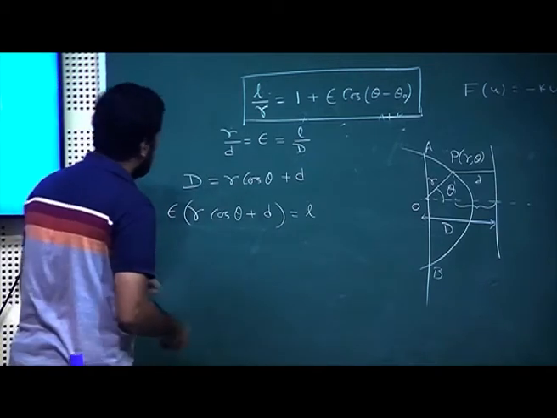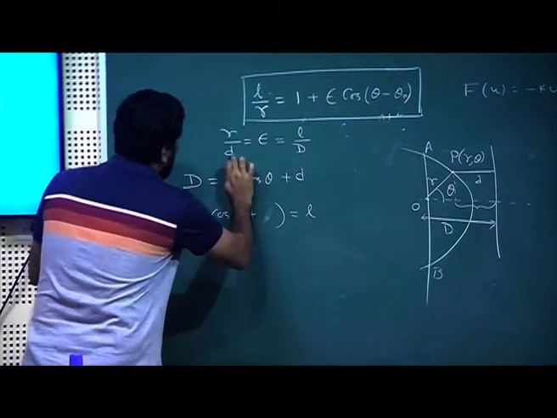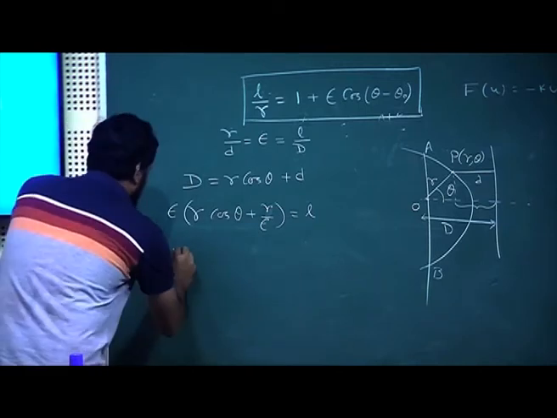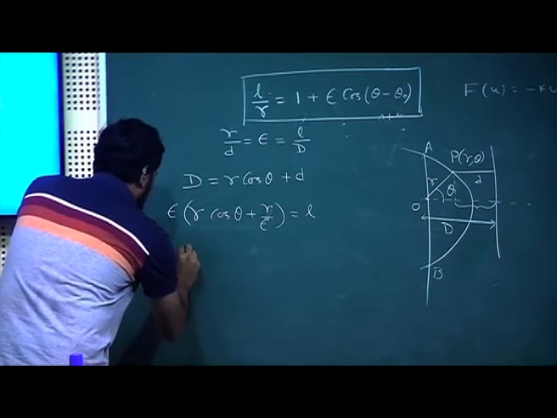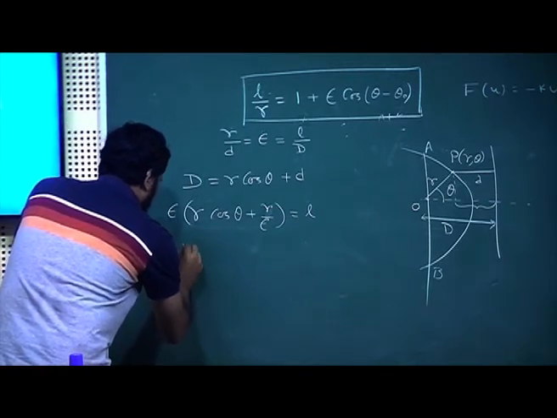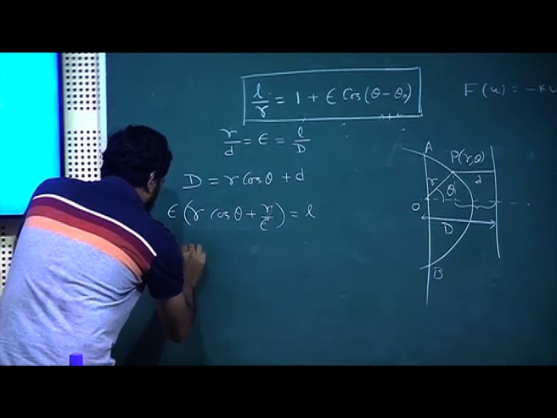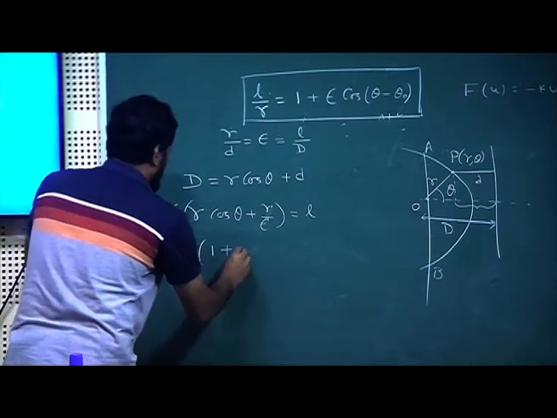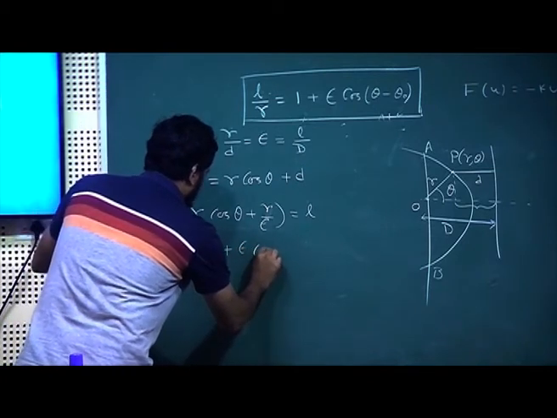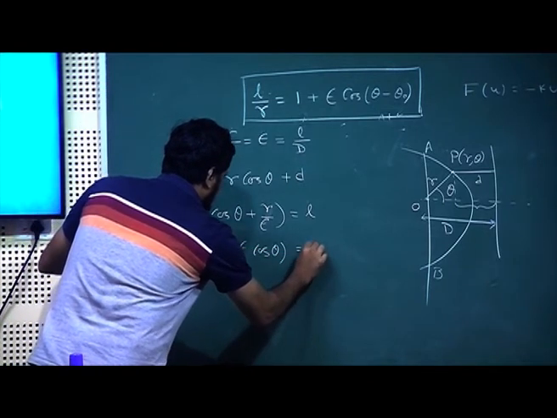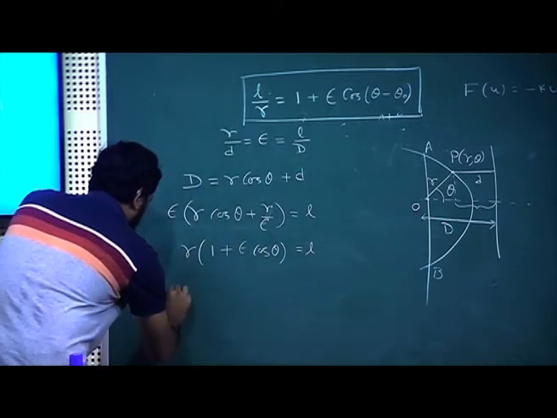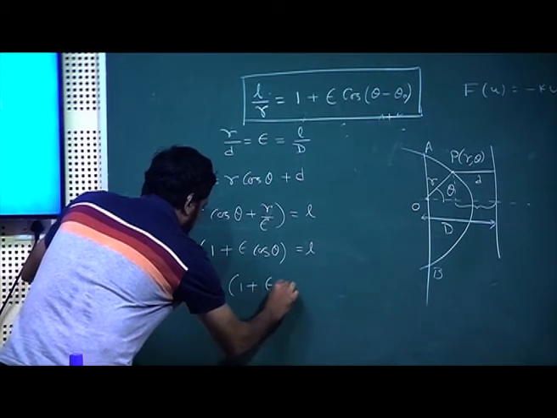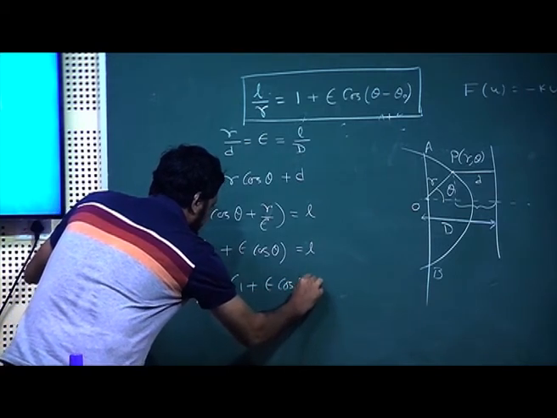R cos theta equal to d. So, D is r by epsilon. So, if we take r out, it will be r times 1 plus epsilon cos theta equal to L, which will give L by r equal to 1 plus epsilon cos theta.